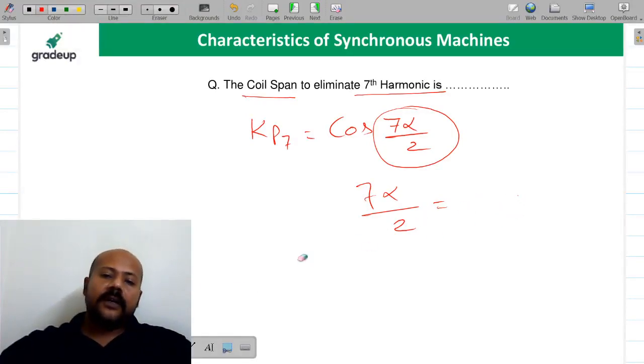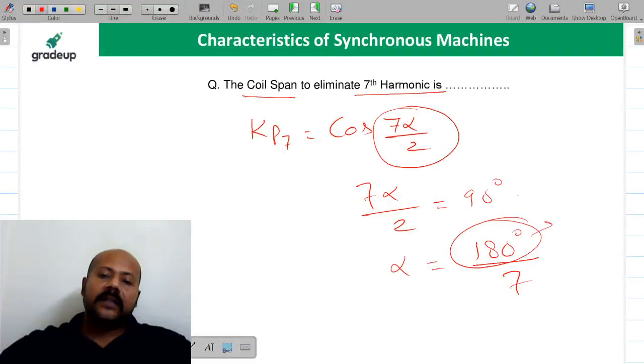So this alpha you are getting is 180 degree divided by 7. What is this 180 degree electrical? This is pole pitch.